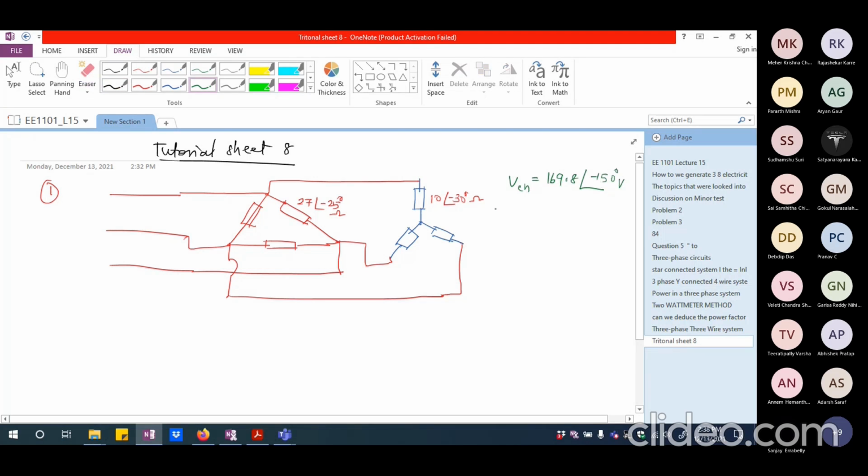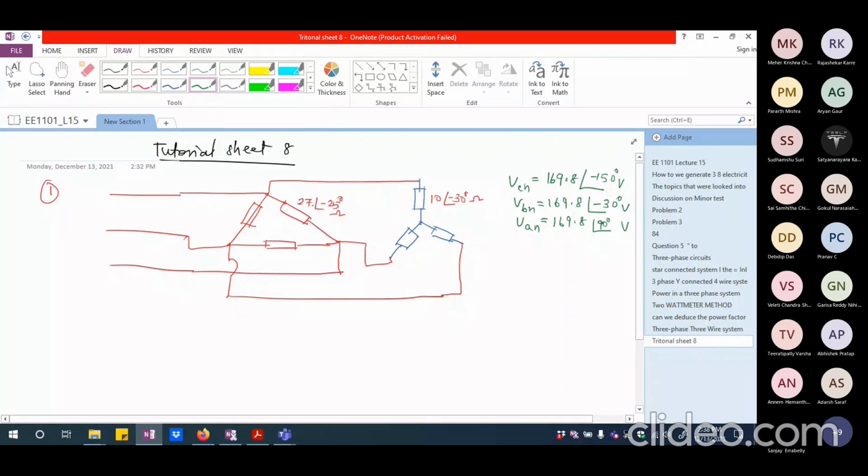So I should be able to write VBN as 169.8 angle minus 150 plus 120, so that will be minus 30 degrees. And VAN I can write as minus 30 plus 120, so that will be 90 degrees. So I'm going to have 169.8 angle 90 degrees volts. All of them are going to be volts.